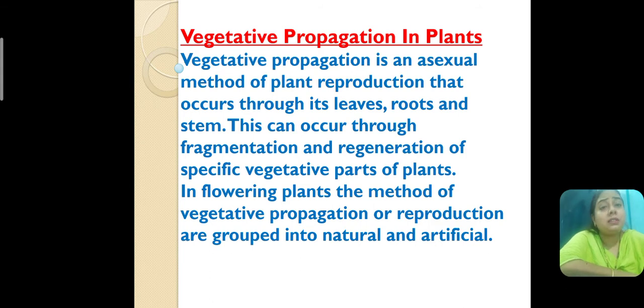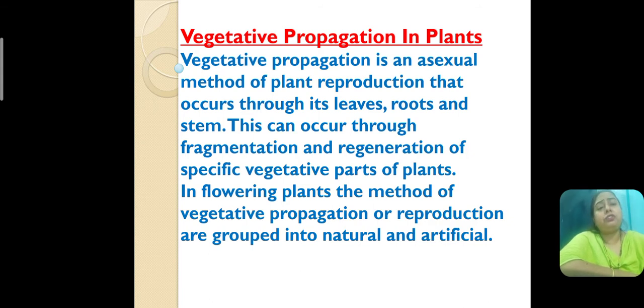So, what is this vegetative propagation? Vegetative propagation is nothing but an asexual method of plant reproduction that occurs through its leaves, roots, stem, etc. That is, the vegetative part of the plant, without involving the sexual reproduction of the gametes.